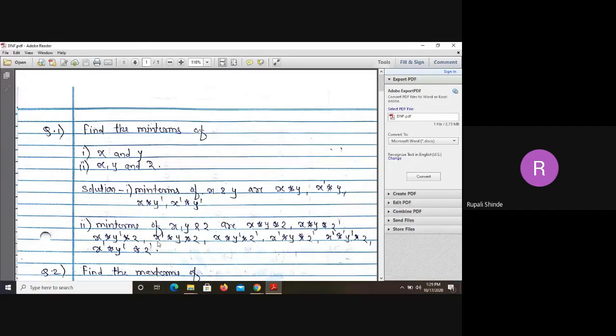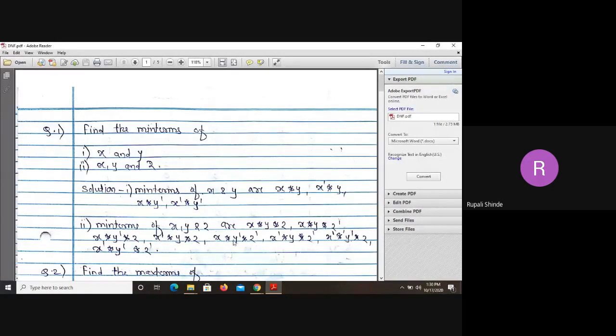So again, how can we represent those 8 minterms? x star y star z, this is the first one. Again, x star y star z complement. Then x star y complement star z. Then x complement star y star z.